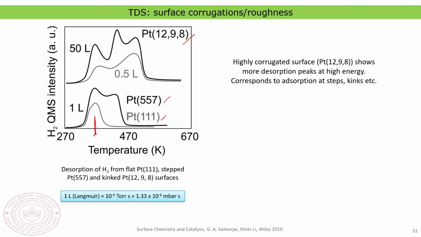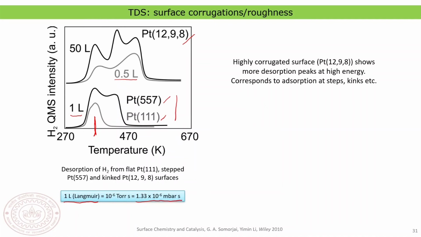Please also notice that here I am adding the initial coverage at which you have done this experiment, where the L represents something known as Langmuir, a typical unit that people use in surface science to represent the coverage of an adlayer. One Langmuir corresponds to a certain pressure, and that gives you an idea of how much gas you would require to form one Langmuir. Of course, these two experiments are both done at one Langmuir.